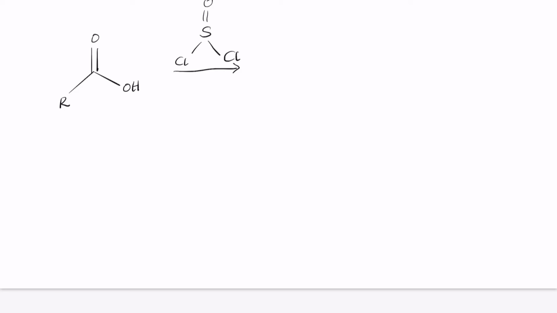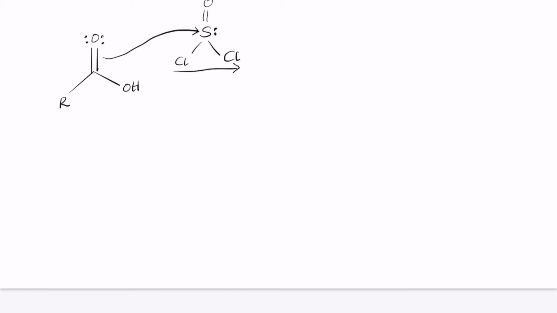This is the structure for SOCl2, which contains one lone pair of electrons. Now this SOCl2 gets attacked by the double bond. The double bond will attack sulfur, because notice that sulfur is electron deficient.